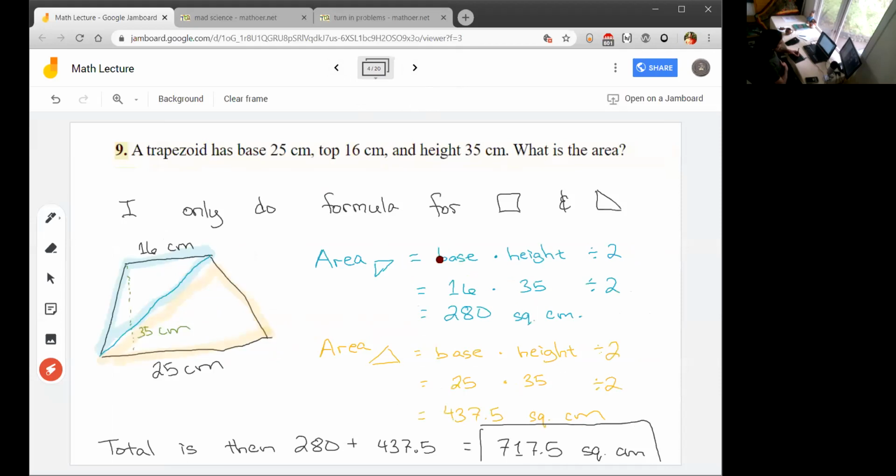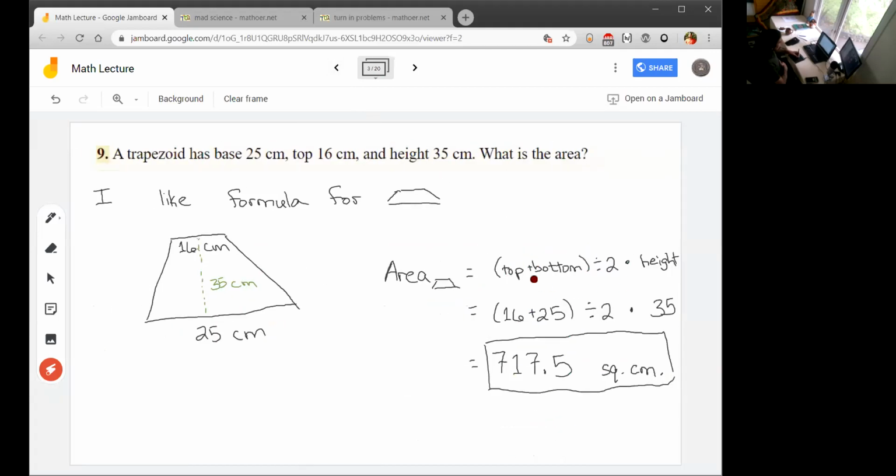Here is where the top contributed: it was the base of the blue triangle. And here's where the bottom contributed: it was the base of the yellow triangle. So maybe that helps you understand the formula better for the only time in your life you use it, on the test at the end of the term.